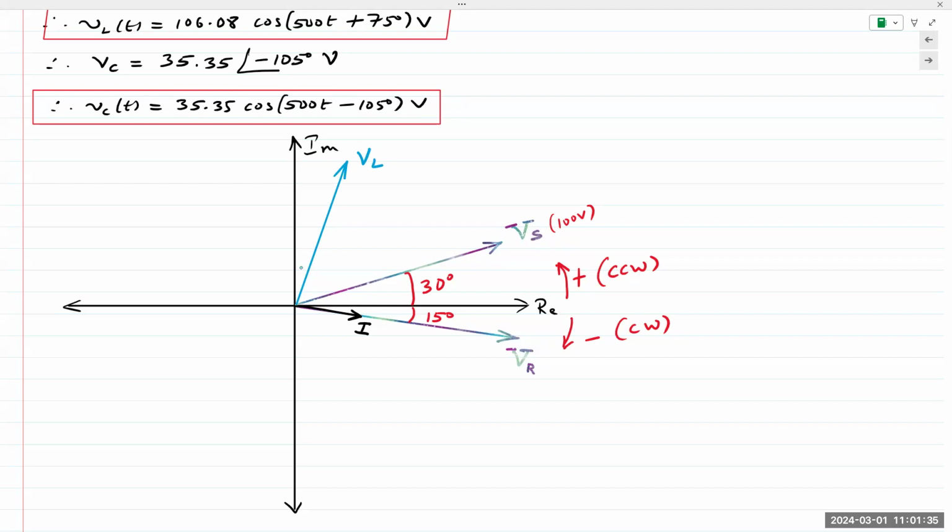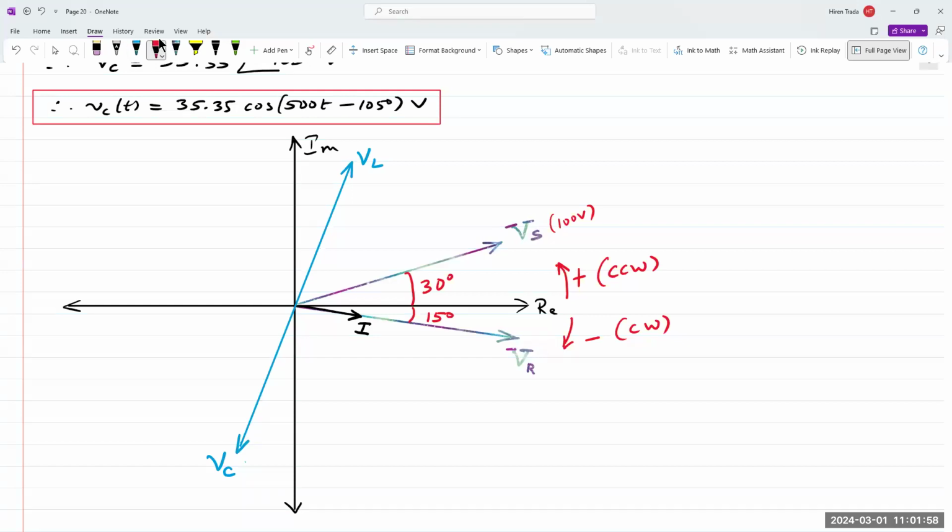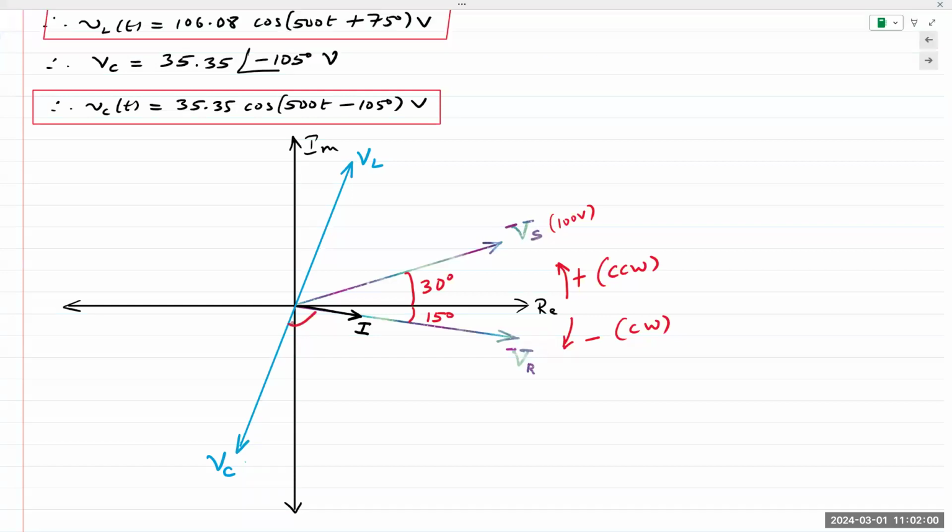And then the capacitor voltage VC is minus 105 and the inductor is plus 75.